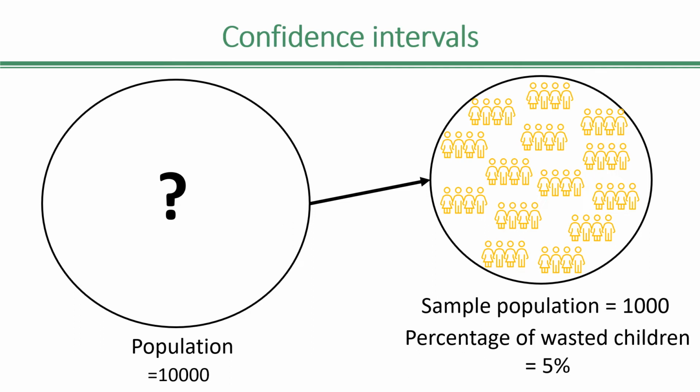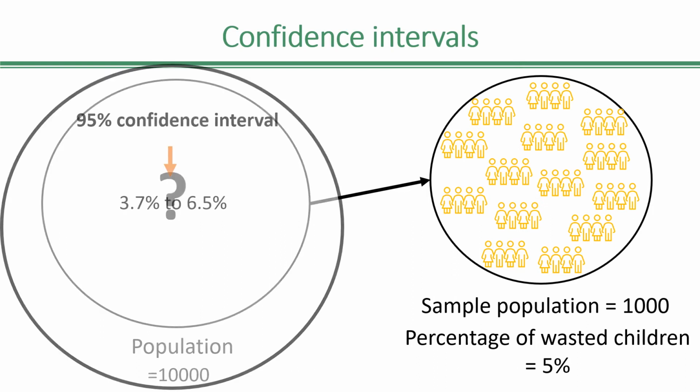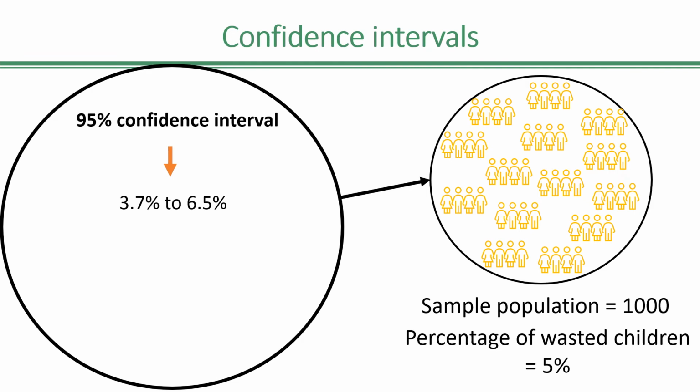Out of a population of 10,000 children 6 to 59 months, Mohammed samples 1,000 children and finds 5% of these children are wasted. In order to make inferences about the true percentage of wasted children, Mohammed calculates a 95% confidence interval. It is 3.7 to 6.5%.